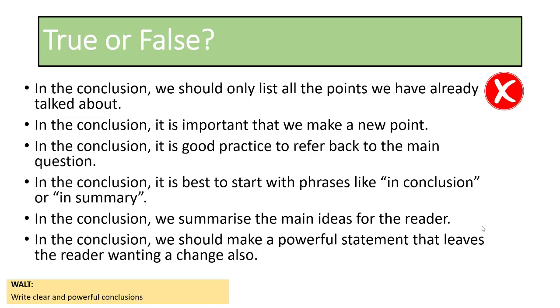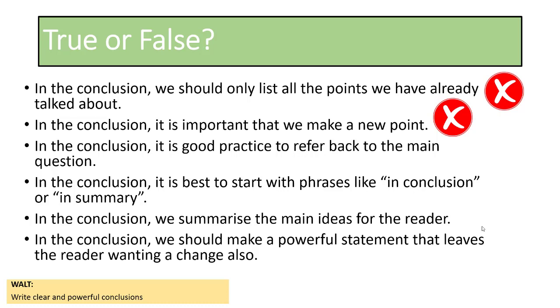Second one, in the conclusion, it is important that we make a new point. That's a really interesting one. It's false, okay? We do not want to make any new points, because that's not the purpose of a conclusion. If you want to make another point, you add another paragraph before the conclusion, but do not add something completely new in your conclusion.